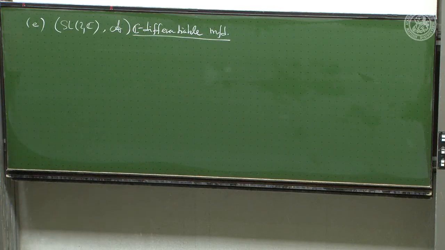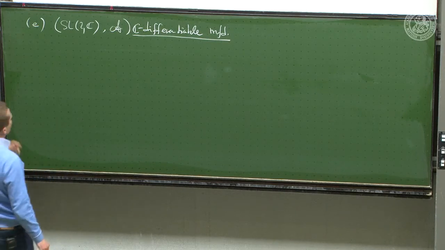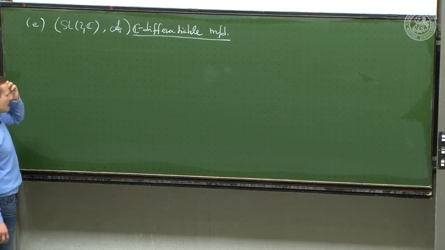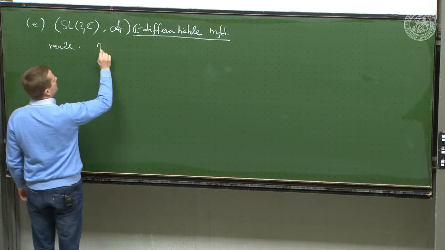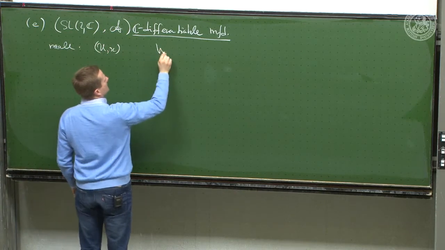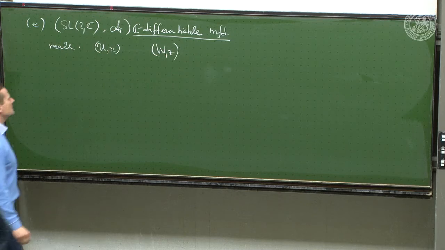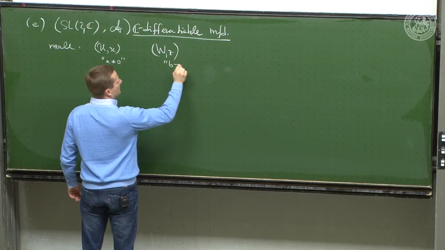So far we constructed maps from the manifold into charts. But in order to do differentiability, we need to see whether our charts allow smooth or C-differentiable transition maps. We recall that we had charts UX and WZ, which had to do with A non-zero and B non-zero.